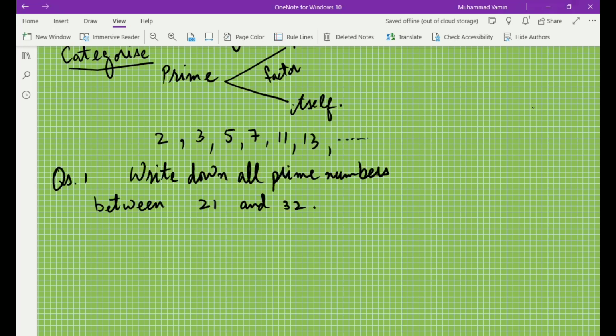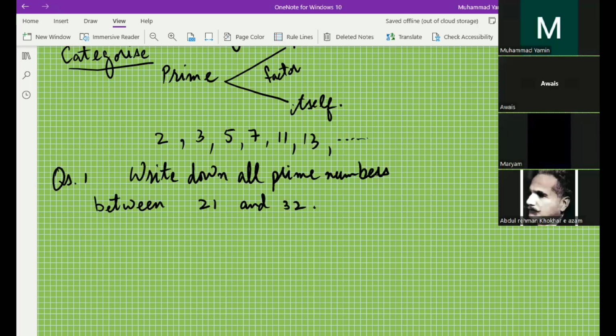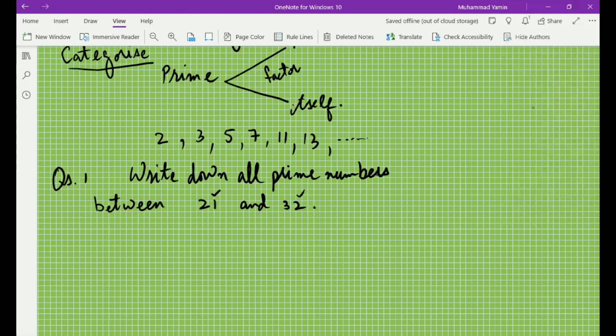Now, what we have to do is, we have been provided with the limits in which the list is there. And out of that list, we have to pick out only the prime numbers in between them. In between them means the numbers which are at the border will not be included in that list. Right now I have taken limits which are not prime numbers, so there will be no confusion.